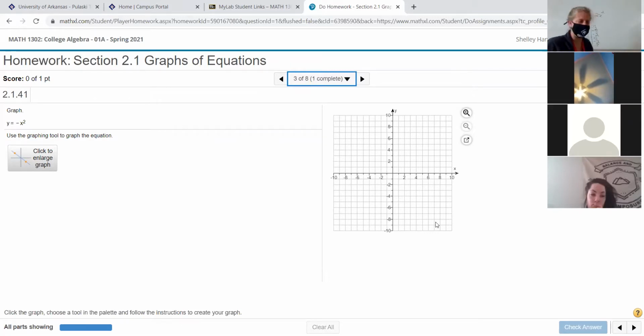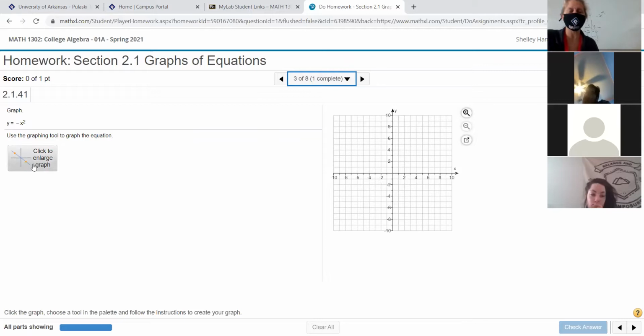There's where I'm going to pick my points from. Let's see. Negative 2, negative 4. Negative 1, negative 1, 0, 0, 1, negative 1. It's not going to tell me to plot 4 points.